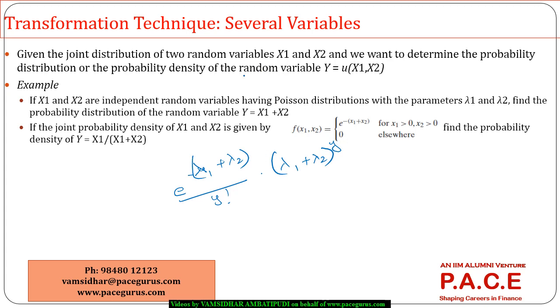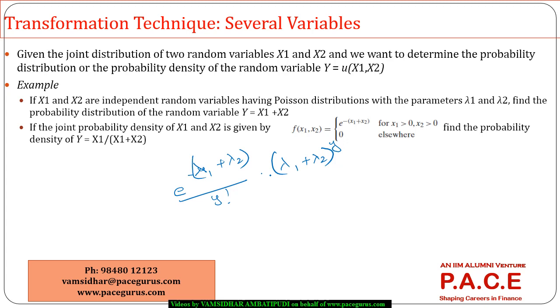So the things are getting simplified like this, and this shows that the sum of two independent random variables having Poisson distributions with parameters lambda 1 and lambda 2 also has a Poisson distribution with parameter lambda 1 plus lambda 2. I can use this result for any other mechanism as well.